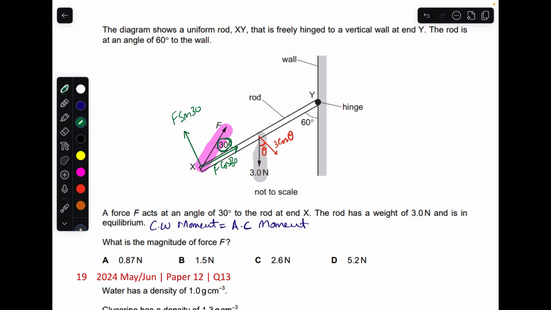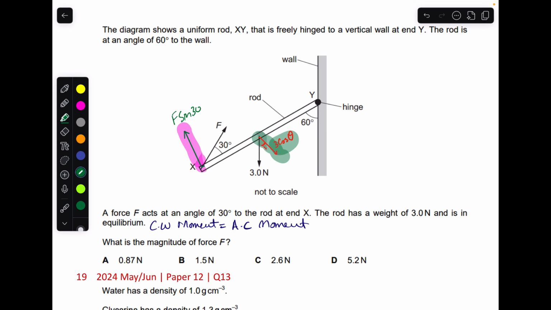If you see this, its line of action is also passing through the pivot point, so you can simply ignore this component as well. So I'm going to remove this one. Now we have the relevant components that we have to consider. I'm going to highlight only those that we are going to consider: one is this force, and the second is the component of that force.